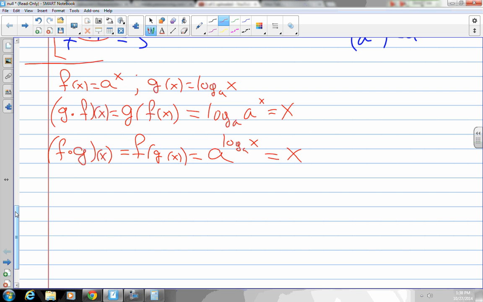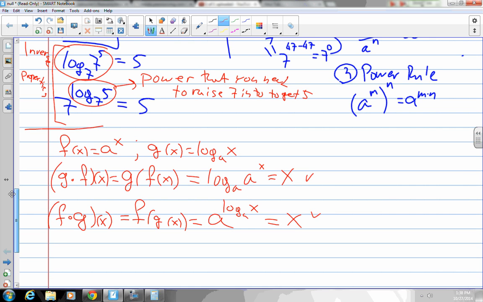So you can always say that. So this is another way to understand why 7 raised to the power log base 7 of 5 equals 5. It's a composition of a function and its inverse. You're just getting the x back. So they kind of cancel each other. Does that make sense? So you can always think of these two examples as the compositions of a function with its inverse. So they just cancel each other, and you're going to get your input back. You get your x back.